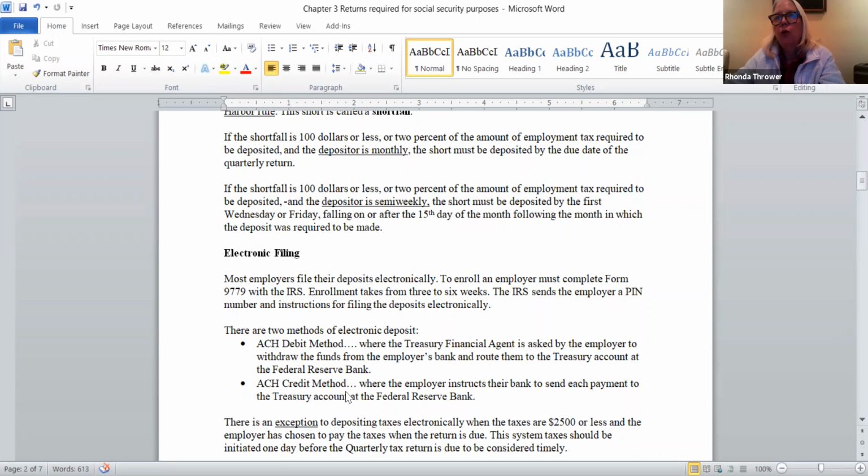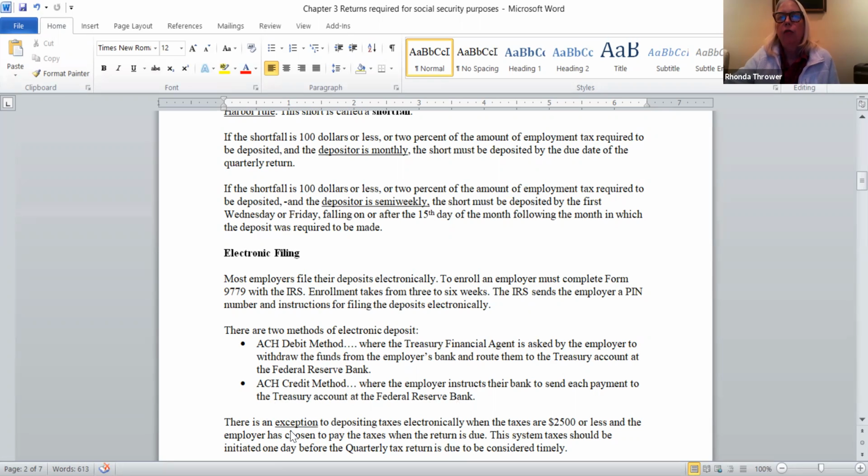If you choose the credit method, this is where you, as the employer, will instruct your bank to send each payment to the Treasury account at the Federal Reserve Bank. So you have a choice of the 2 electronic methods.